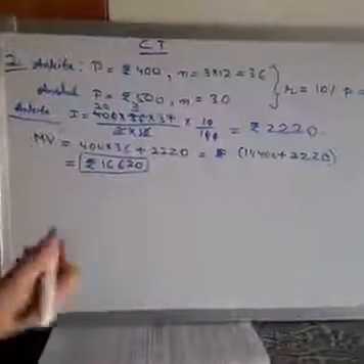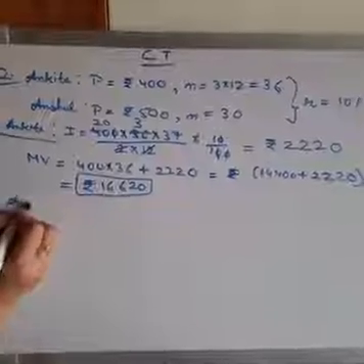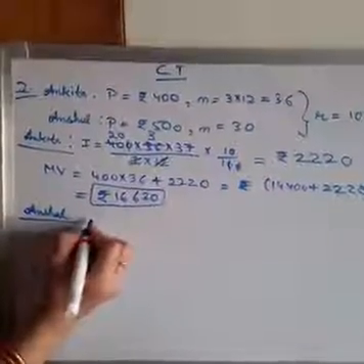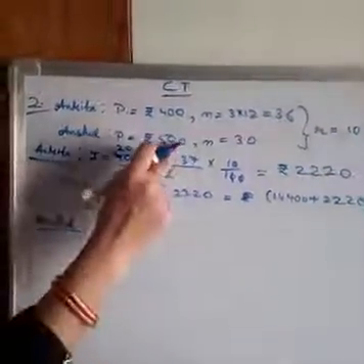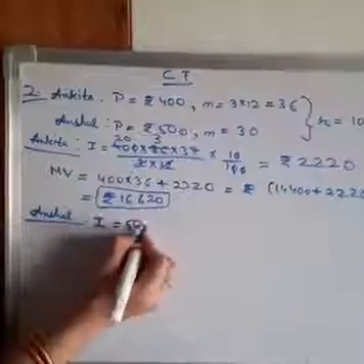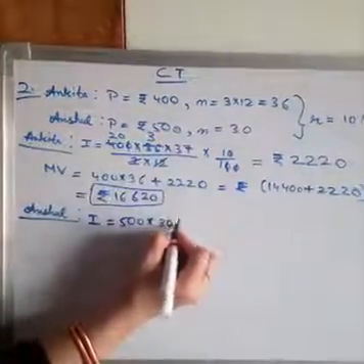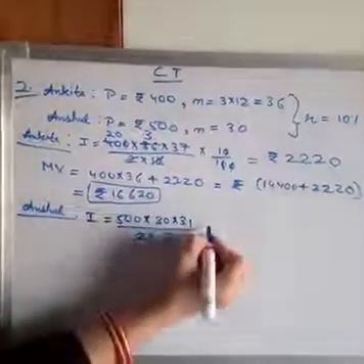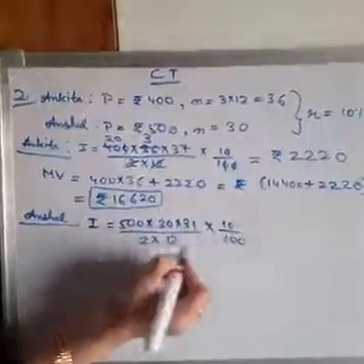Okay, so we have got the maturity value for Ankita. The same way, let's now calculate the maturity value for Anshul. Again, first calculating the interest, which is equal to P. For this person, P is 500. P into N, N is 30, N plus 1 is 31, upon 2 into 12 into R, which is the same, that is 10 upon 100.